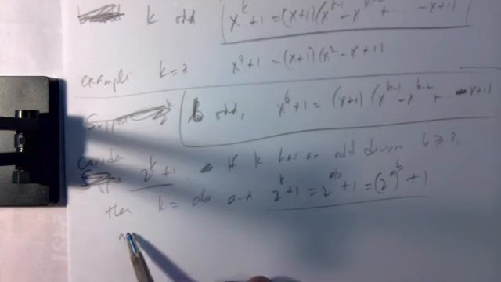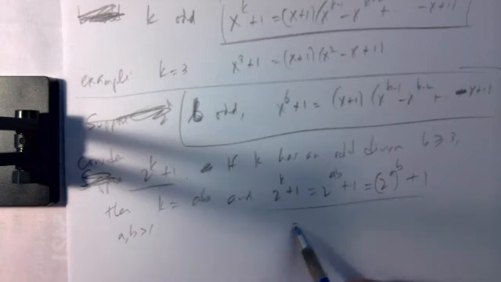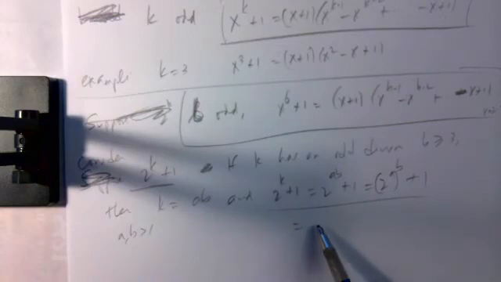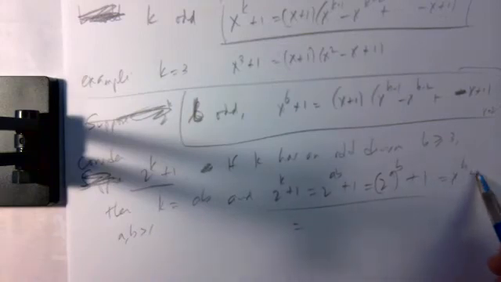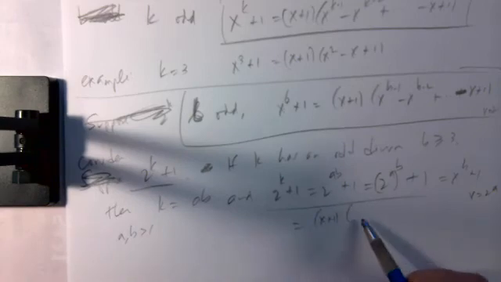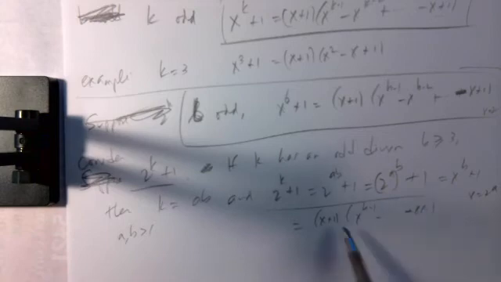In fact, b is at least 3. This is a factorization. Just by this rule, if you use it with x equal to 2 to the a, so this is x to the b plus 1, where x is equal to 2 to the a, it factors as x plus 1 times x to the b minus 1 minus and so forth, where x plus 1 is 2 to the a plus 1.